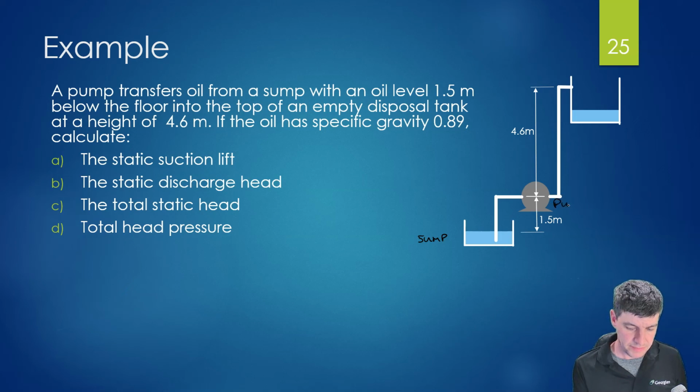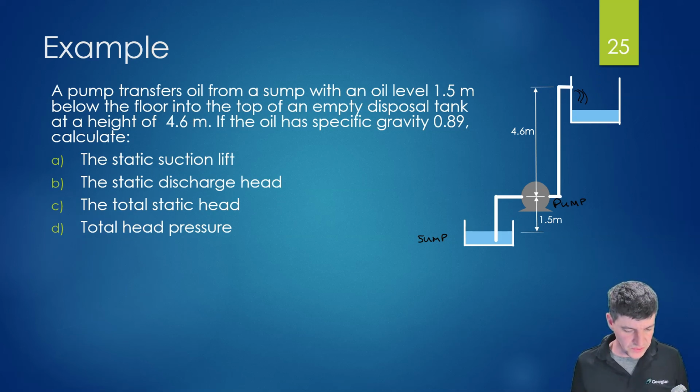And then the discharge from the upper pipe is 4.6 meters above, and that drains into that upper reservoir.